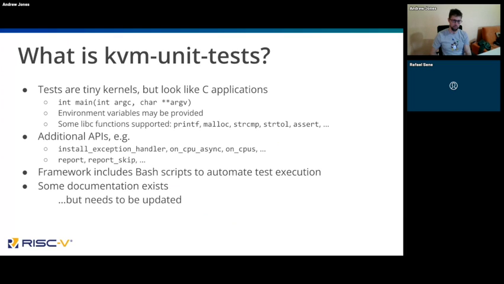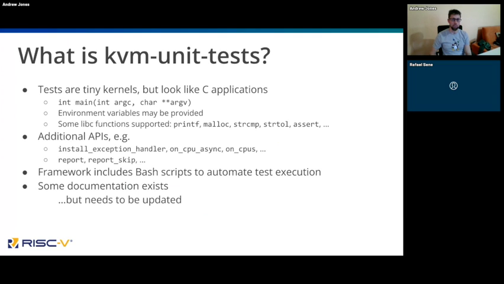Okay, so now that I've talked about some of the features of kvm-unit-tests, like what it is able to boot on and support, the question is, well, how does this look to a test writer, to a developer of tests? Well, to the best of our ability in the framework, we're trying to make it look like you're writing a C application. So nice and familiar to almost everybody.